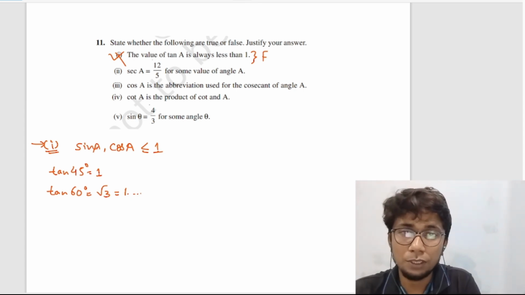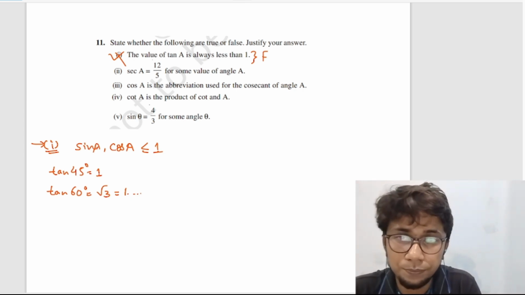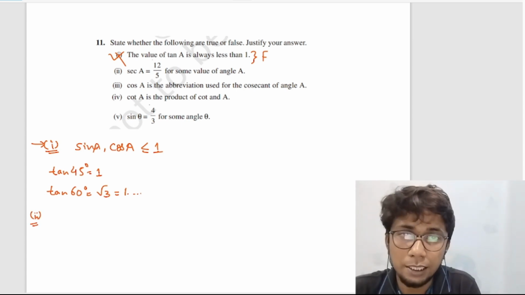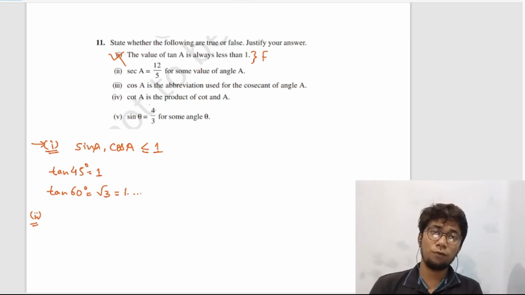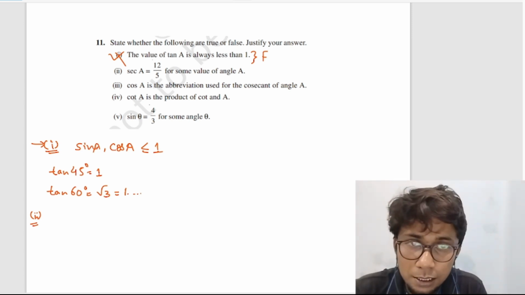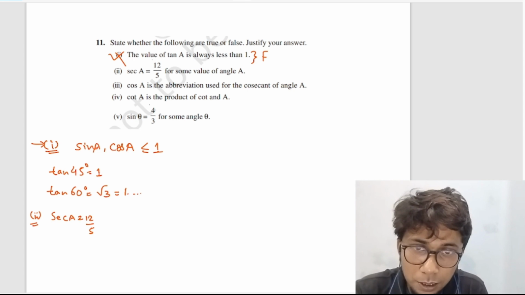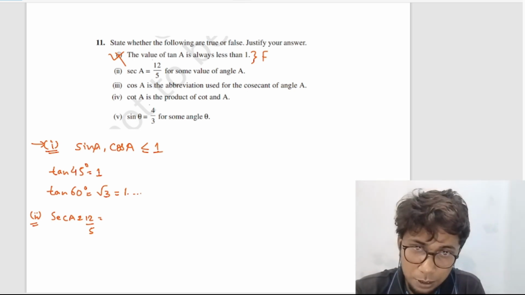Now we'll have to check if sec A can be 12 over 5 or not, right? So if sec A is 12 by 5. Sec is what?